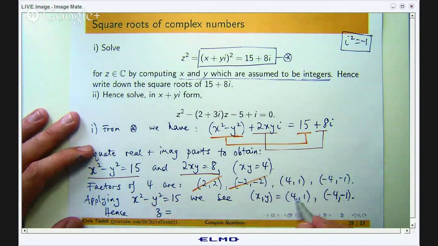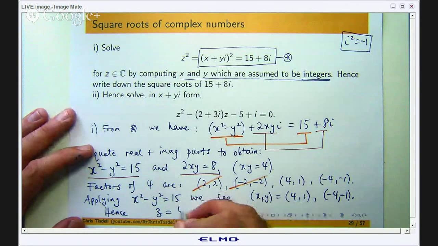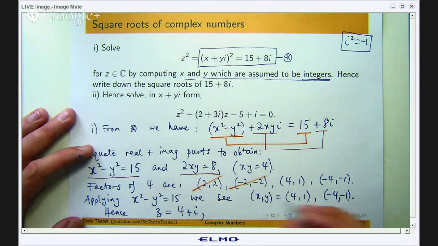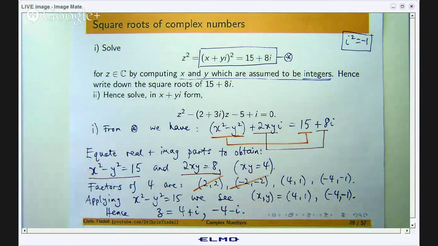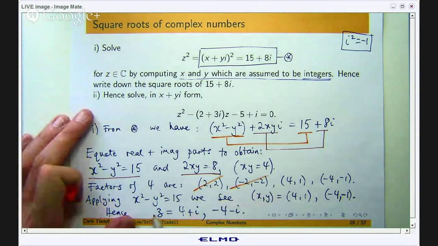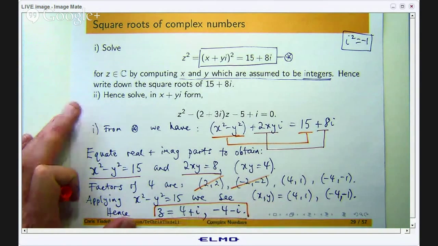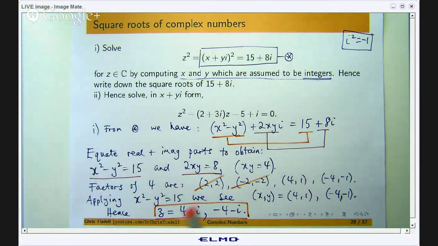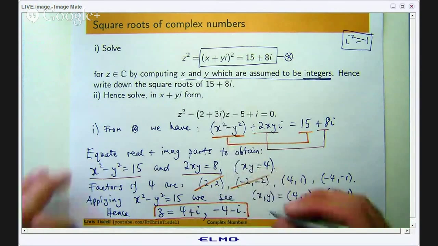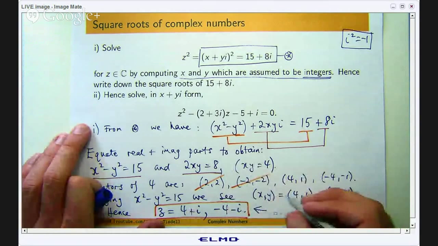And it's going to be 4 plus 1i, or just 4 plus i, and negative 4 minus 1i, or negative 4 minus i. All right, so these then are the roots of 15 plus 8i.